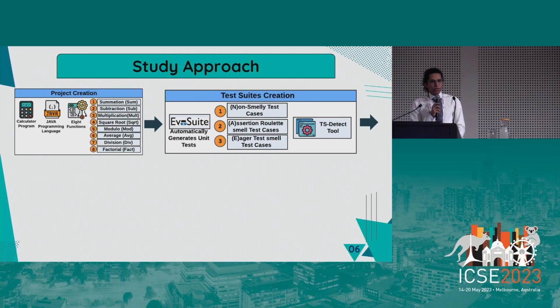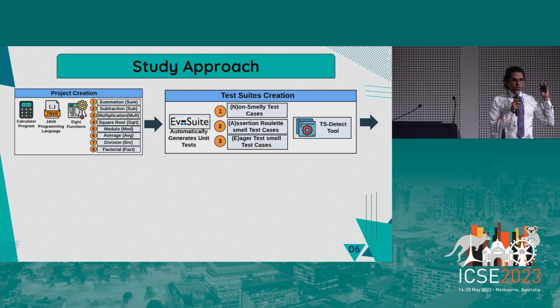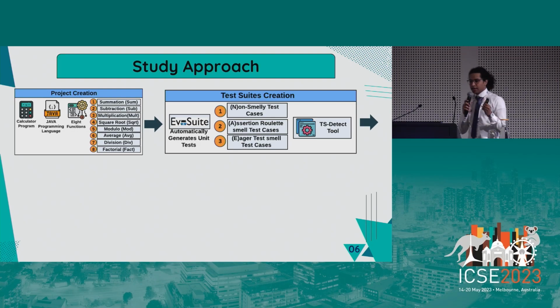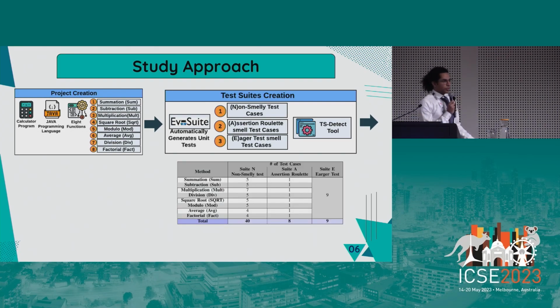After we created the project, we used EvoSuite to automatically generate test cases, and then we had 3 types of project. The first project does not have any test smell, with all clean test cases. The second project has assertion roulette test smell. The number of test cases for each type of project is shown here.